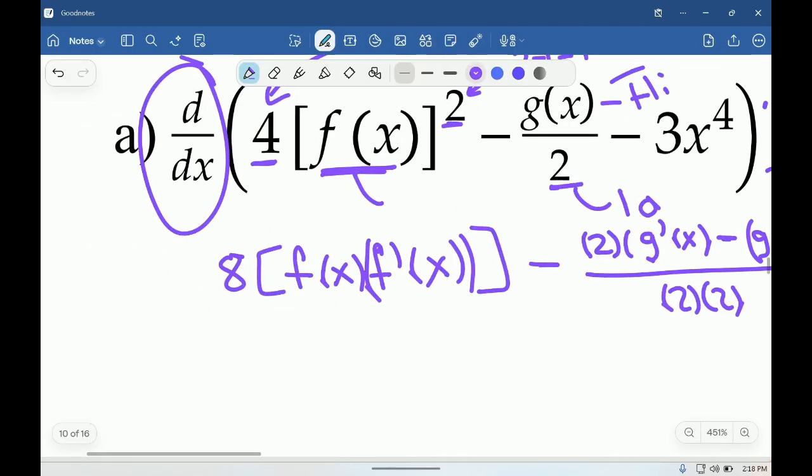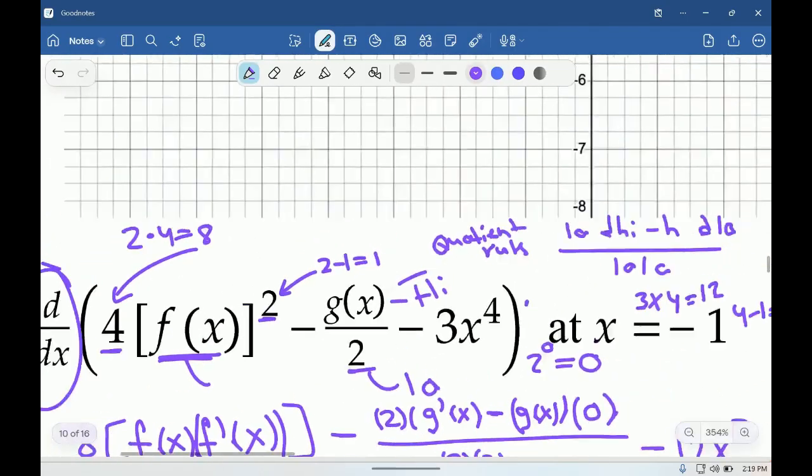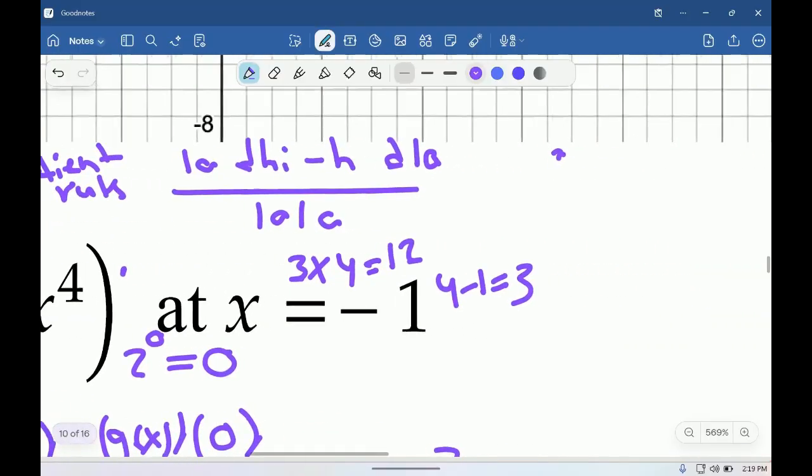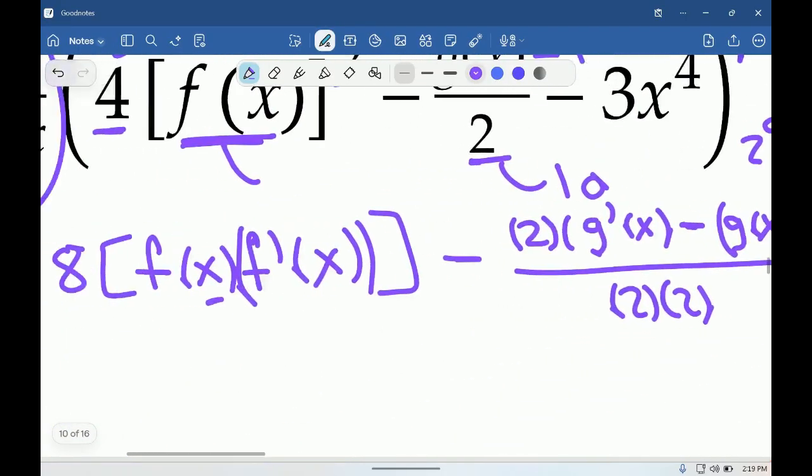The next thing we're going to want to do is replace these x's with the -1 that it tells us to.